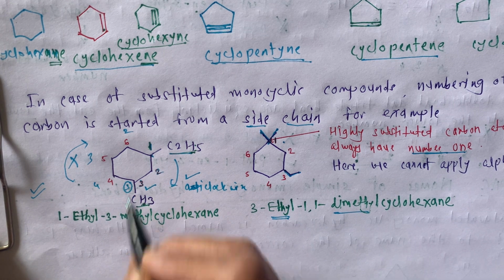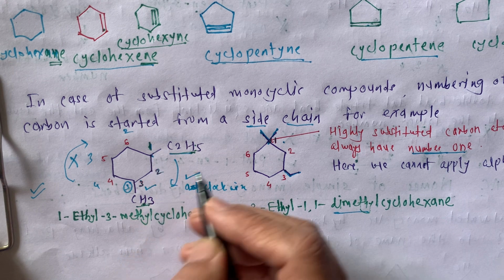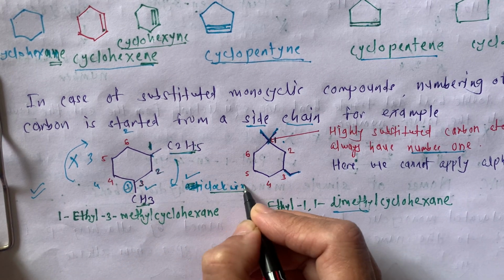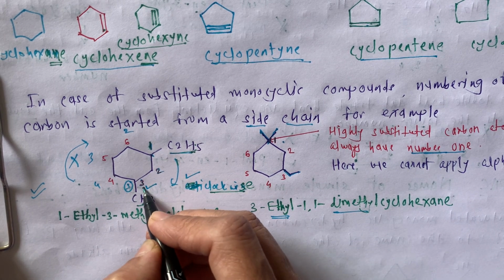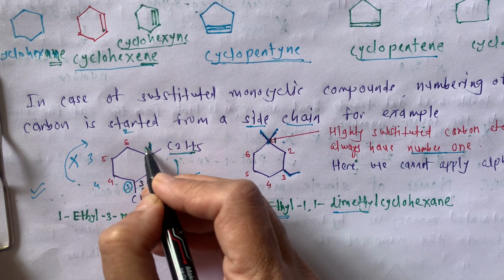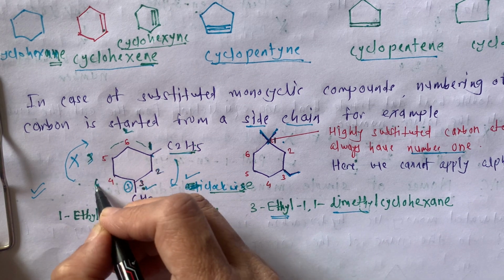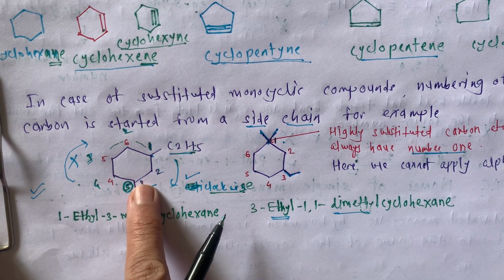Now if you are numbering clockwise like this, then this methyl group will come on the third position. But if you are numbering anticlockwise, then this is 1, 2, 3, 4 and 5, which is quite a bigger number than 3.